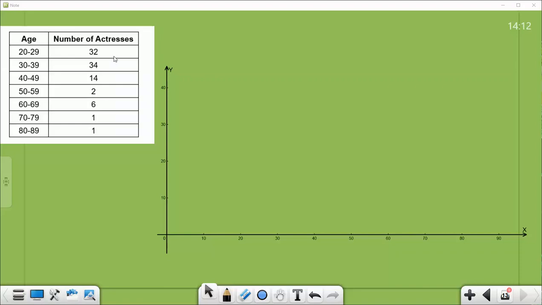Let's see. So we want to title this. So this is ages of Academy Award winning actresses. Okay, so I just converted it to text.